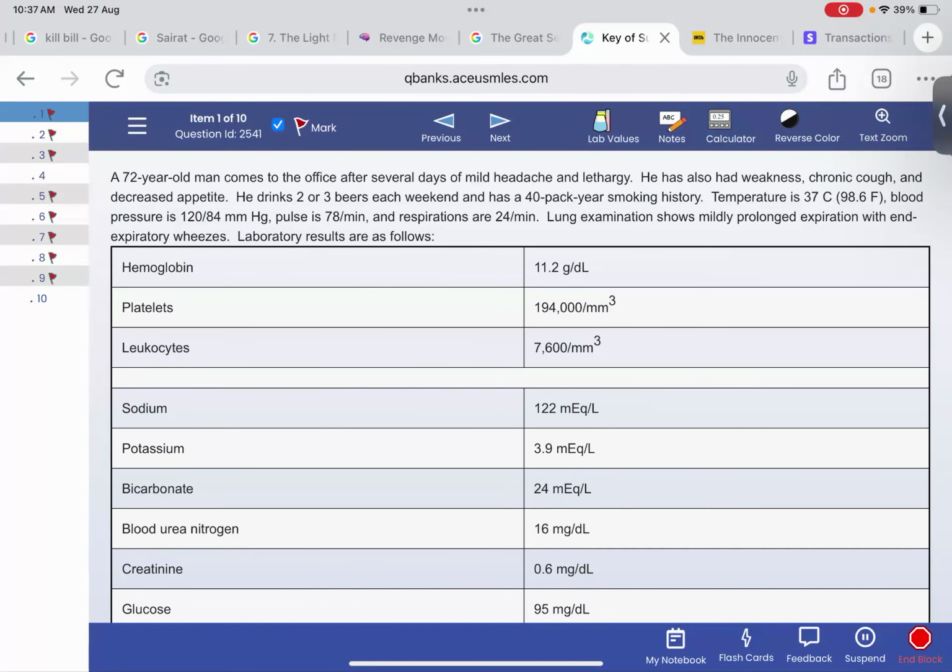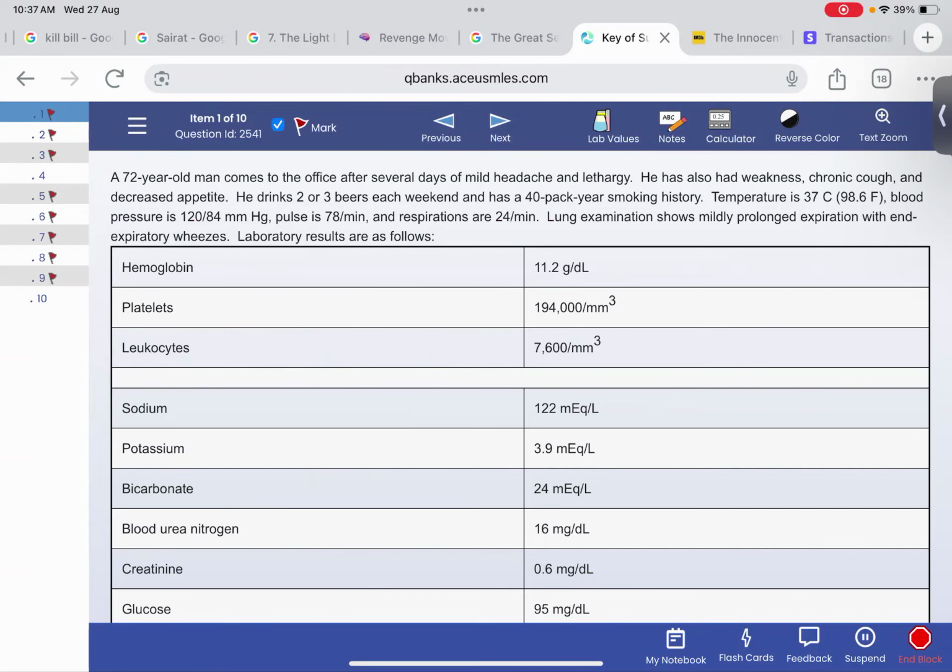A 72-year-old man comes to the office after several days of mild headache and lethargy. He also had weakness, chronic cough, and decreased appetite. He drinks 2 to 3 beers each weekend and has a 40-pack year smoking history. Temperature is 37, blood pressure is 120/80, pulse is 78, respiration is 24. Lung examination shows mildly prolonged expiration with end expiratory wheezes.